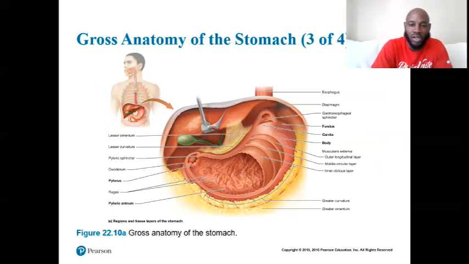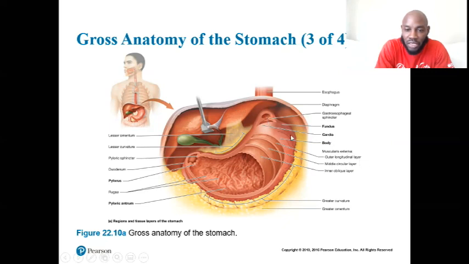All right, so this is the picture of the stomach. The gastroesophageal sphincter allows the bolus to enter the stomach from the esophagus. Notice we're below the diaphragm. The esophagus comes through the diaphragm.